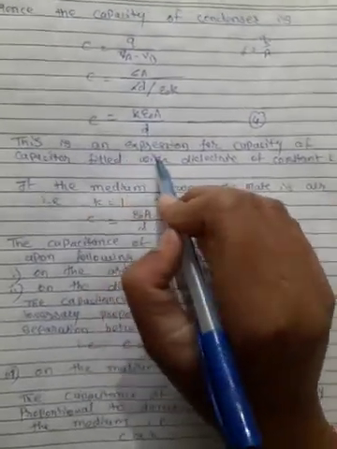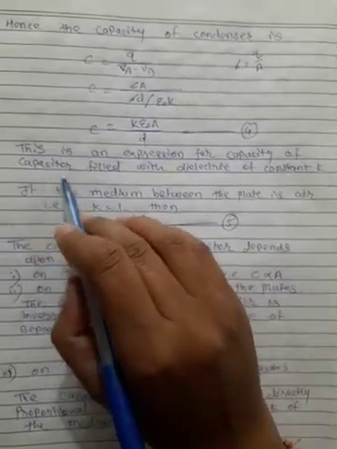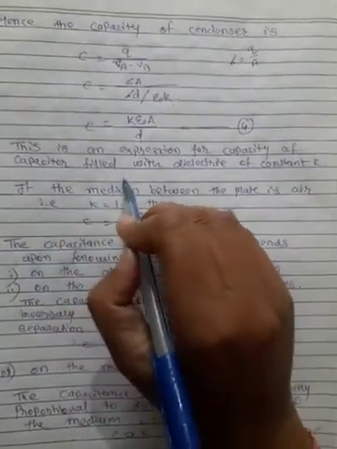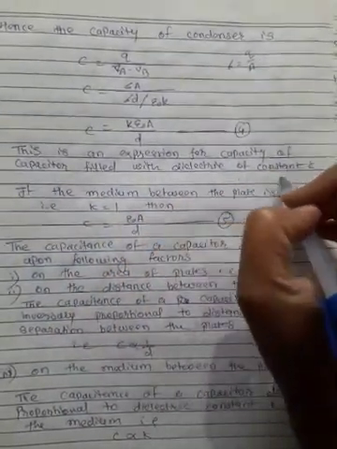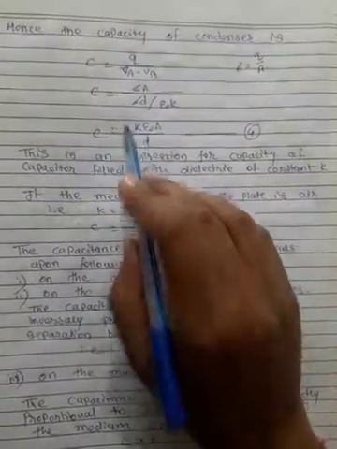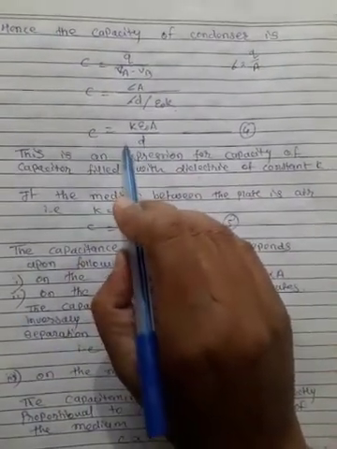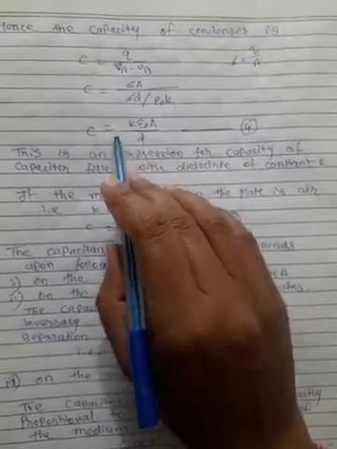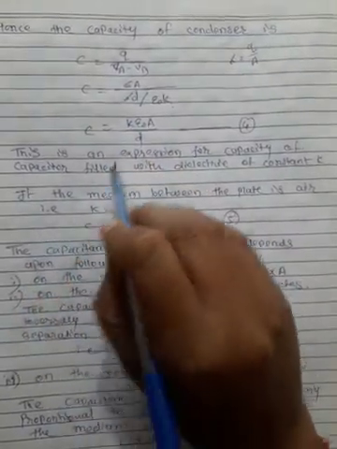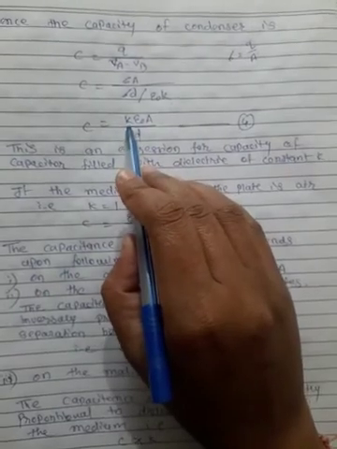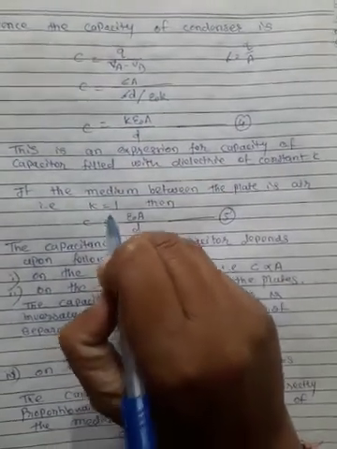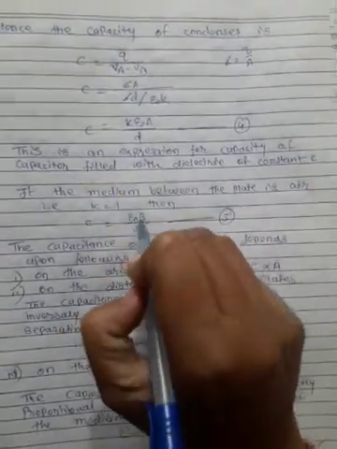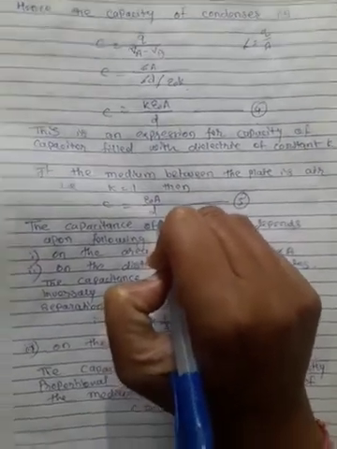This is an expression for the capacity of the capacitor filled with a dielectric of constant K. Suppose the medium between the two plates is air, then the dielectric constant K becomes 1, and C becomes epsilon naught A upon d.